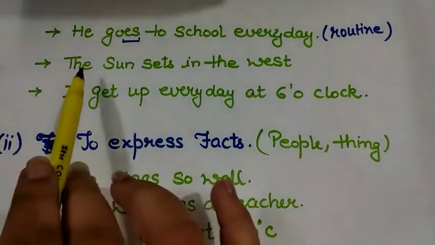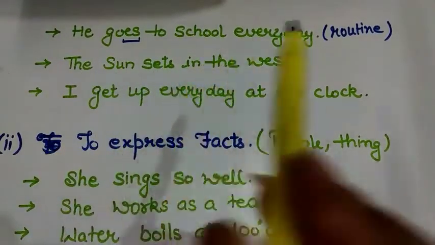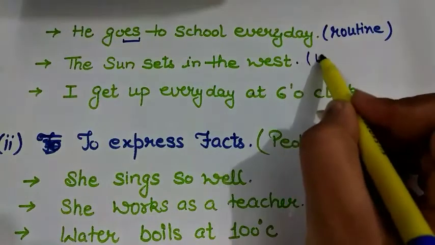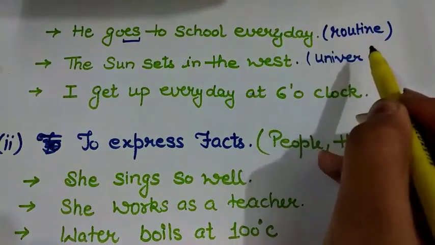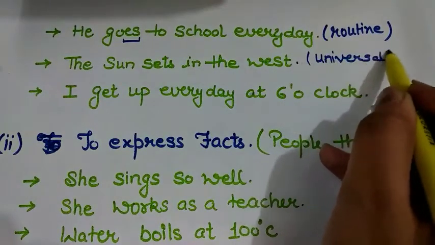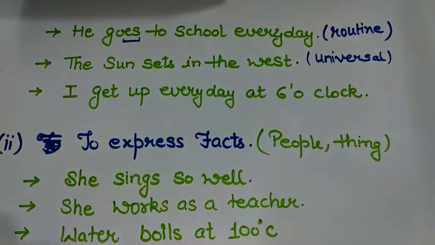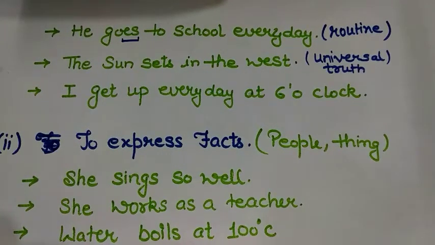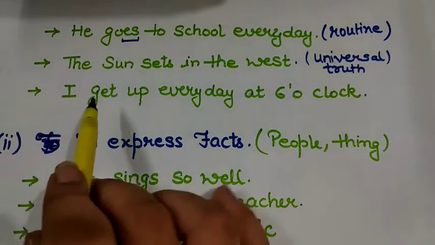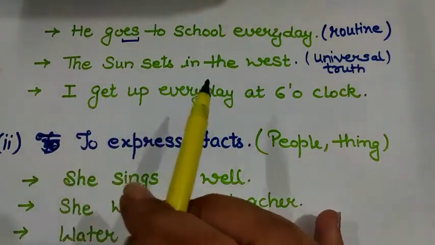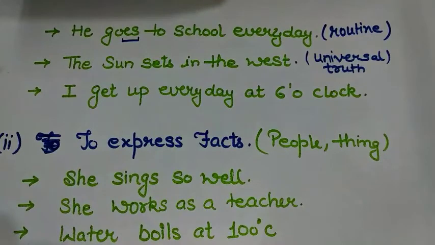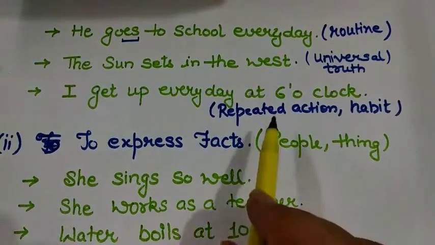Now see, the sun sets in the west. It's a universal truth that every day, every evening, sun sets in the west. So this truth is a universal truth. So we used simple present tense here. See one more example. I get up every day at 6 o'clock. It is a repeated action here.